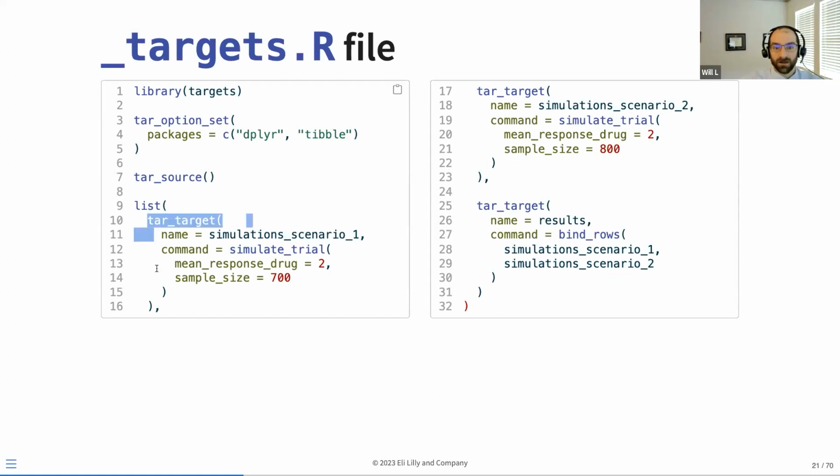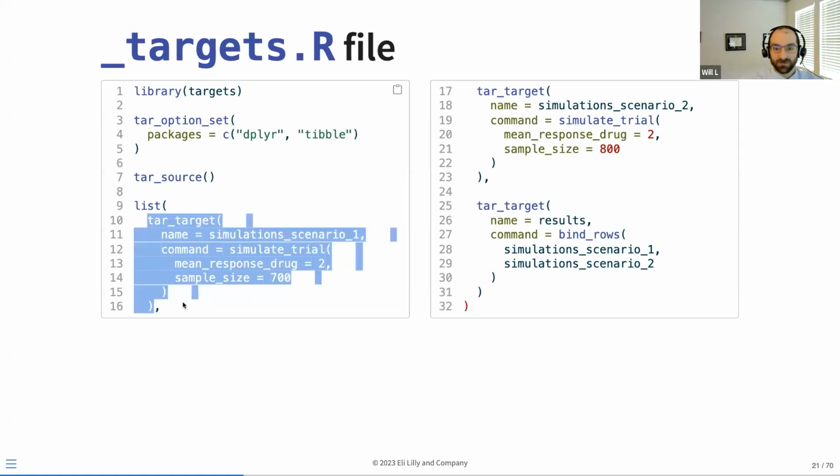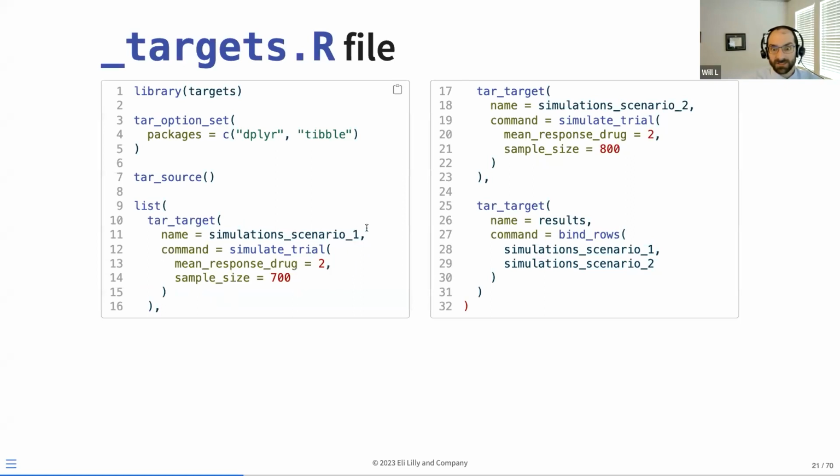When this tar_target function gets run in practice, it'll actually quote both of these arguments. It'll take this code, and it won't run it now. It'll run it later when you execute the pipeline. So we have, for this example, a small demo pipeline, just to make sure things are working properly, a simulation under one scenario, a simulation under another scenario, and then a target to combine the simulations that we've already done.